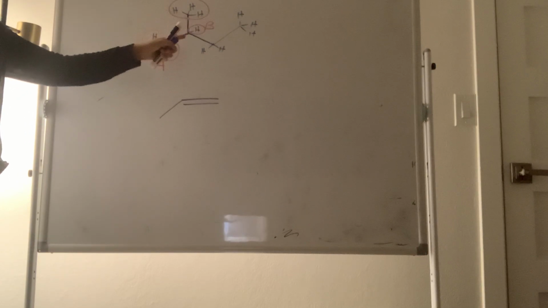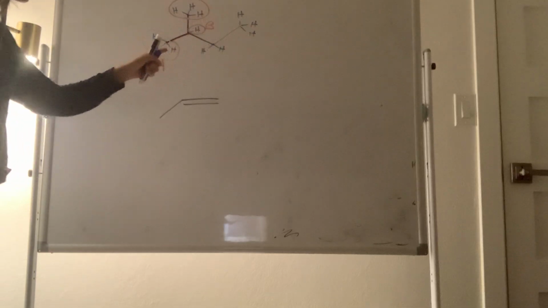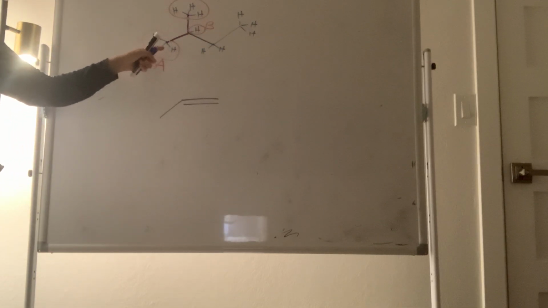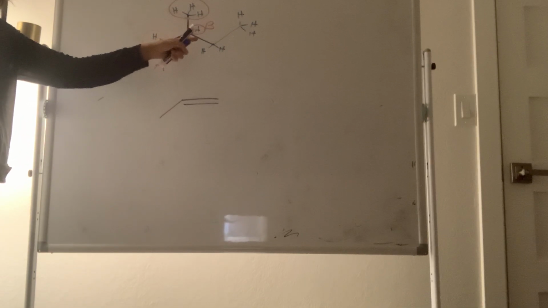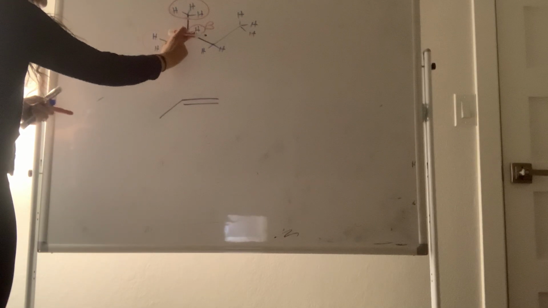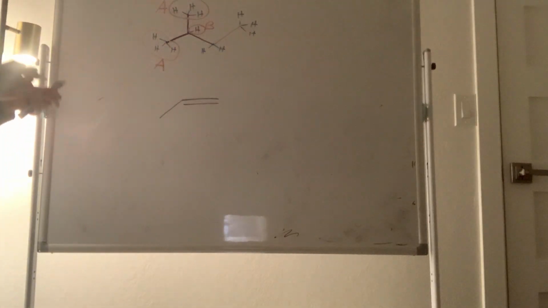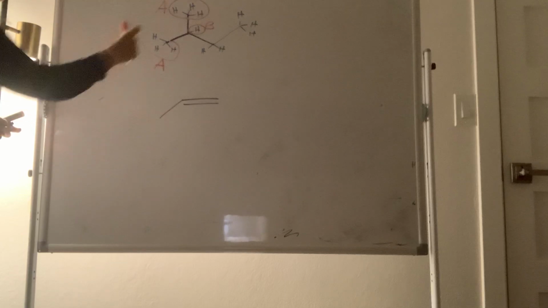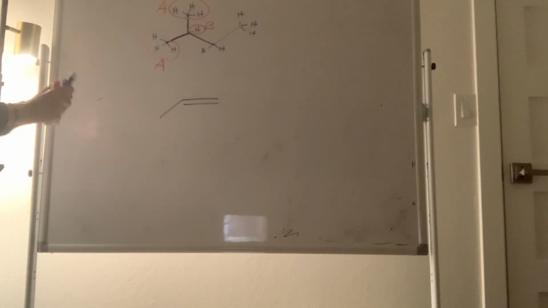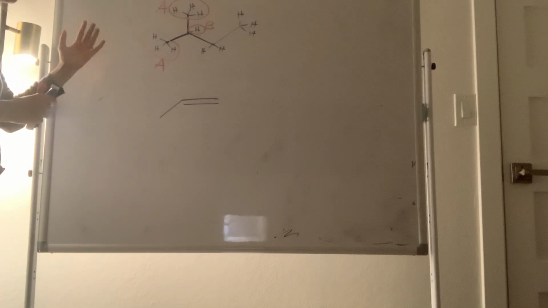This CH3 is attached to a CH and then CH2 and CH3. This is exactly the same. This is attached to a CH, to a CH2, CH3. These two are attached to the same carbon, so these two are equivalent to each other. They're not unique. Again, look for the neighbors. If they have the same neighbors, they are going to be equivalent.